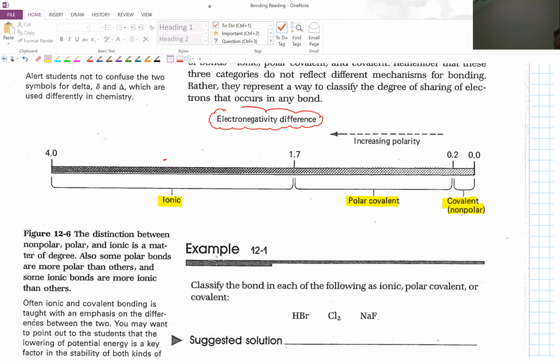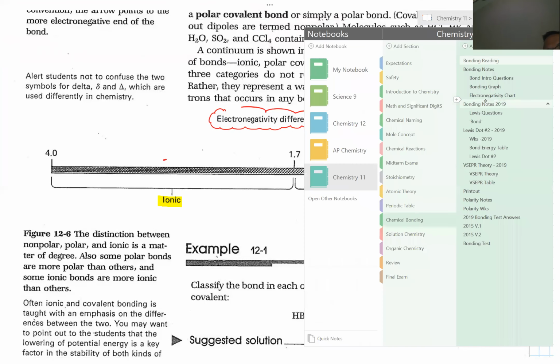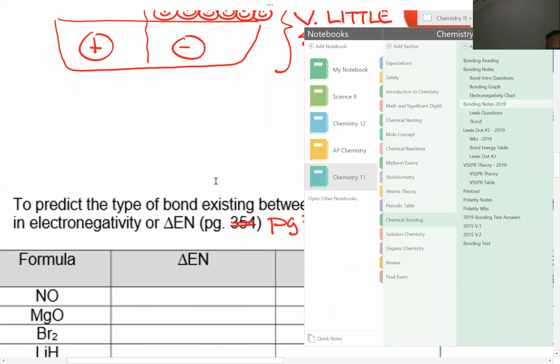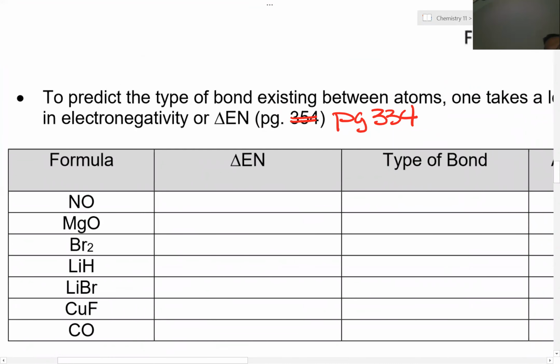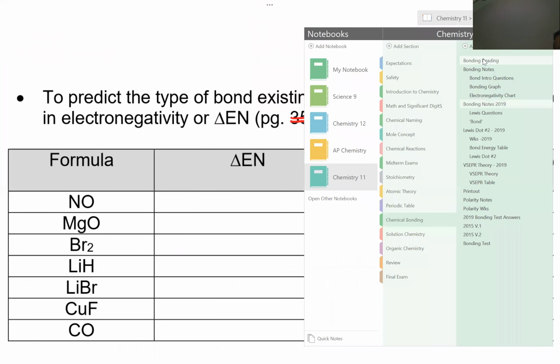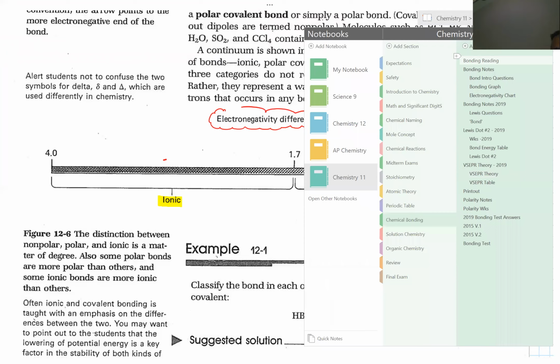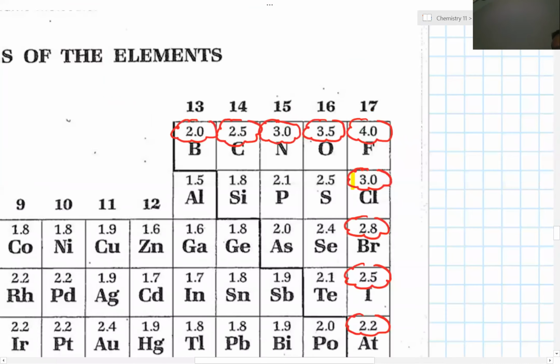All right, so let's take a look at this one. Let's look at nitrogen and oxygen. You might say, what's this change in EN? Well, if we look on page 333, we see that nitrogen is 3.0, oxygen is 3.5.